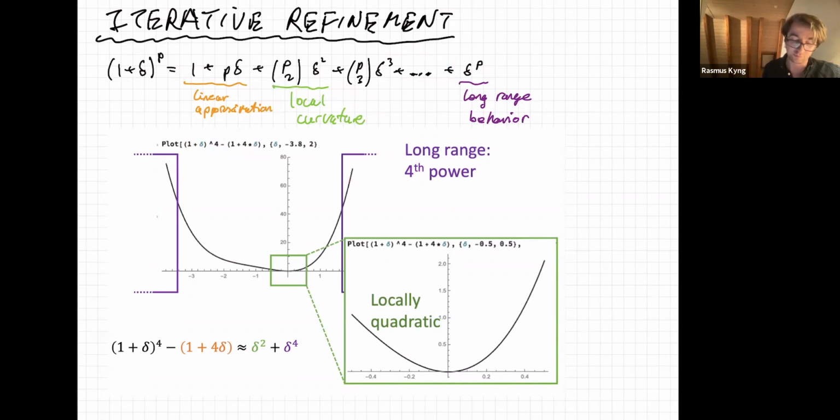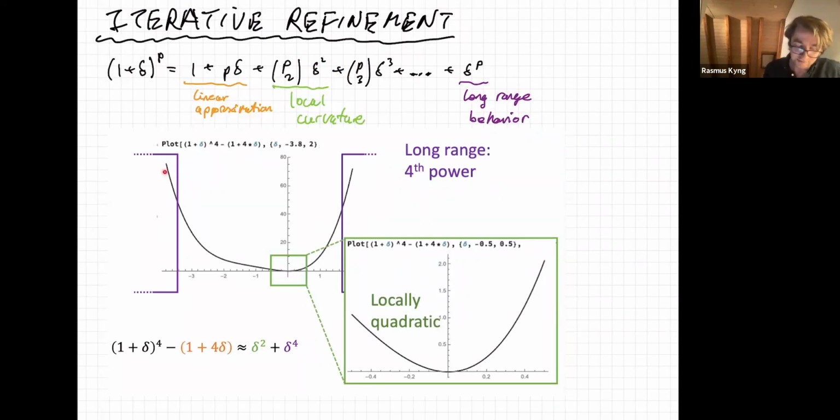So this has 4th power behavior for long range things. But also, because it's a function where the Taylor series exists and it's smooth, the derivatives exist everywhere, it has to be locally quadratic, right? So locally it's dominated by this term.